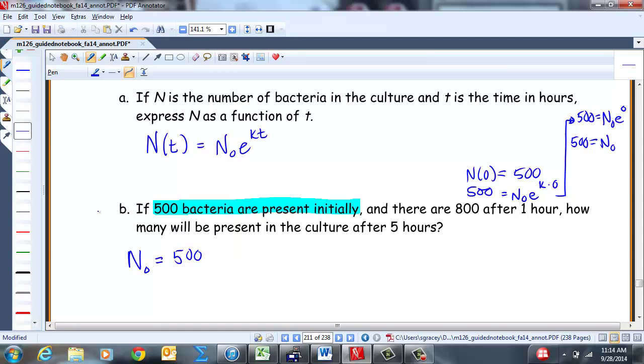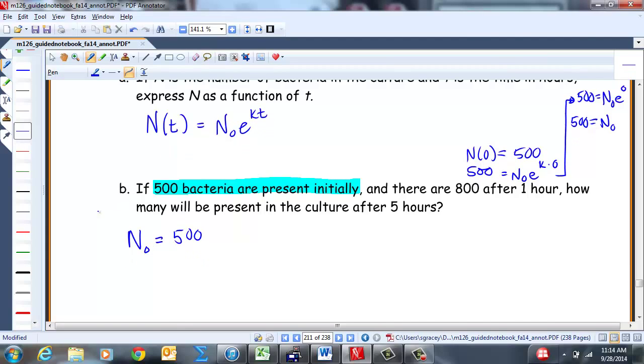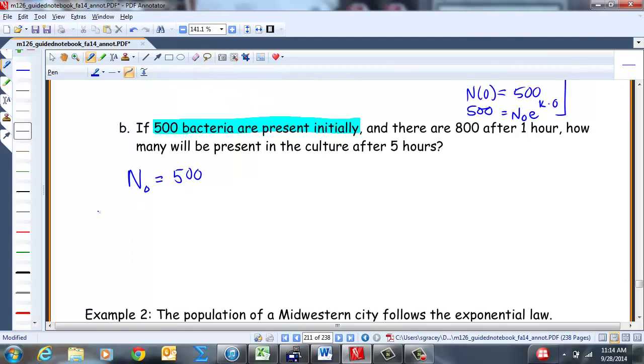So therefore, our function will be... we're going to need to find k.